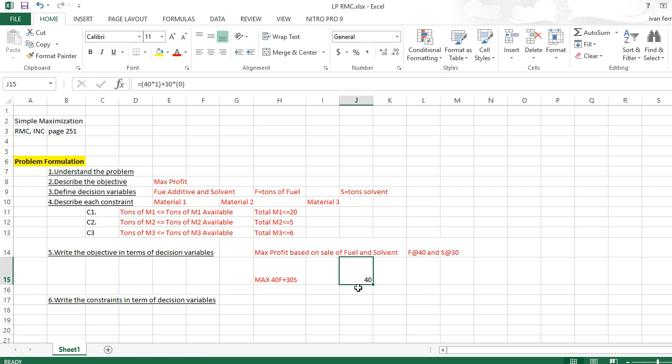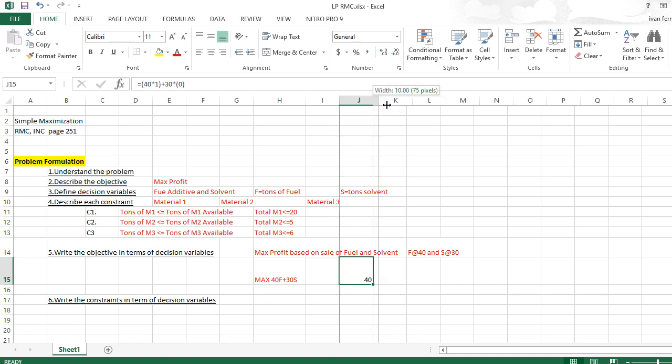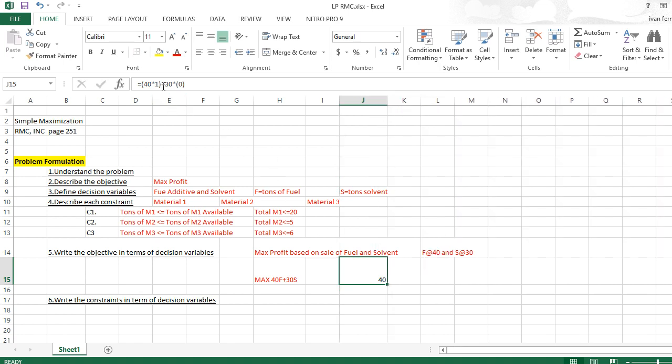What if you sell 100 fuel and 50 solvent? You can just go right to the formula and change it here. Now I'm selling 100 units of fuel and 50 of solvent.